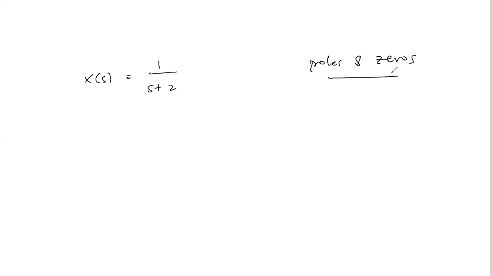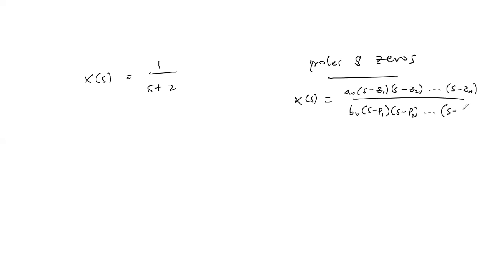Usually the Laplace transform is given as a rational fraction, such that we have the numerator and the denominator. In this case, the numerator is 1 and the denominator is s plus 2. But in a general form, we usually have a naught times s minus z1, s minus z2, all the way to s minus zn, over, for the denominator, b naught times s minus p1, which are poles, s minus p2, all the way down to s minus pn.